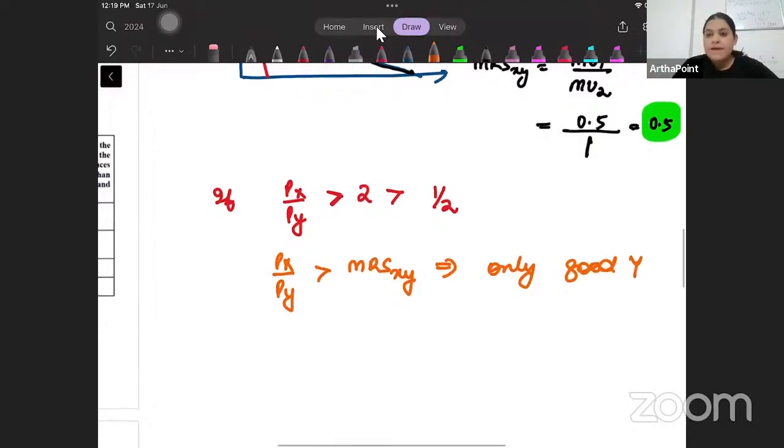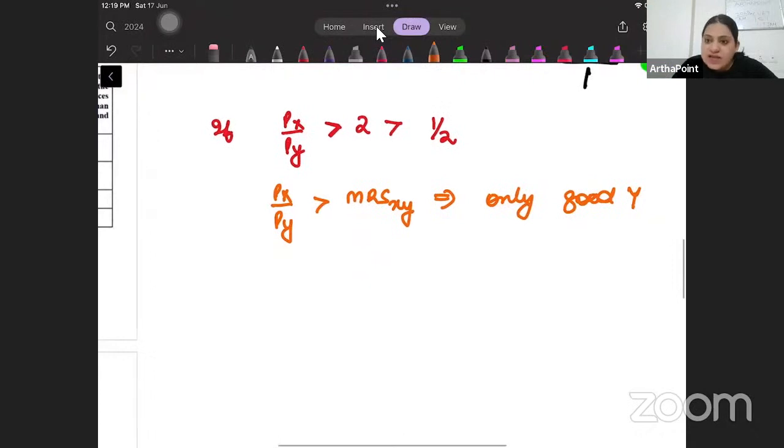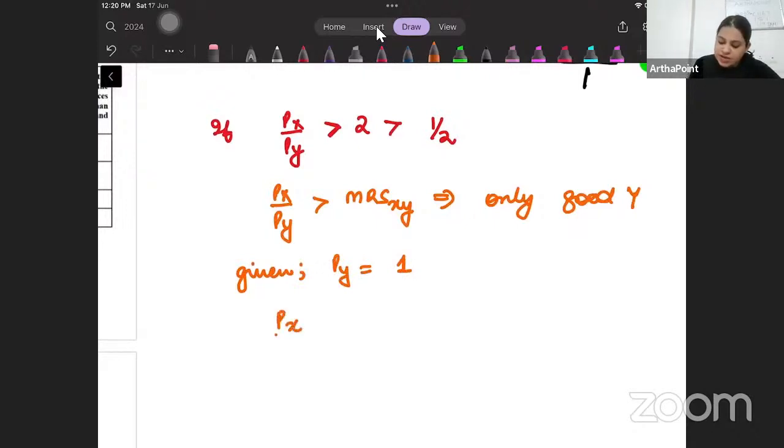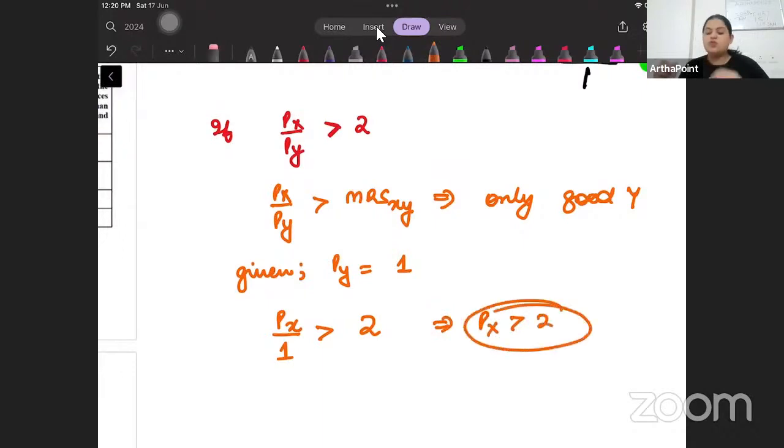Right? It's given to me that the price of the other good is 1. So given that Py is 1, I want Px by 1 to be greater than 2. Right? I simply want it to be greater than 2. It has to be very, very steep. So this means that I want my Px to be greater than 2.